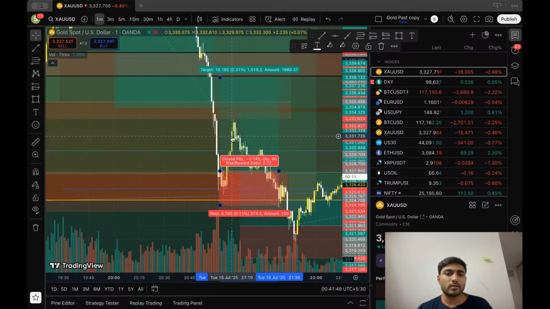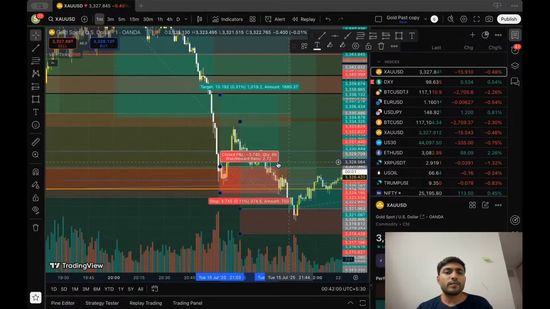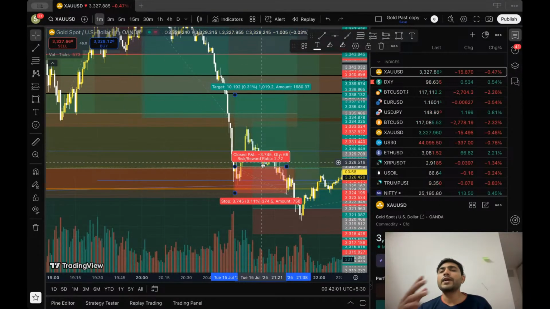Anyway, we would have been risk free, and that was a risk free trade. So we've tried four trades today, of which two we won and two were risk free, which means we didn't lose a single pip today, which is a great record.